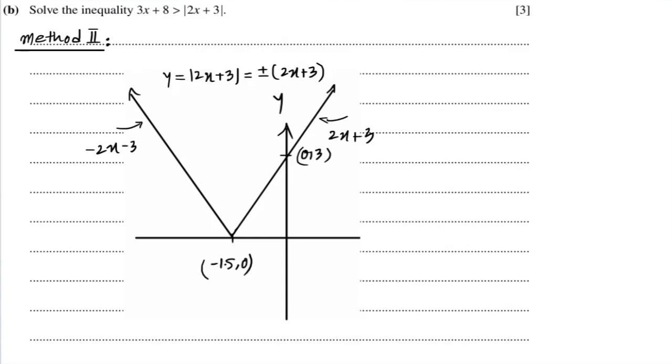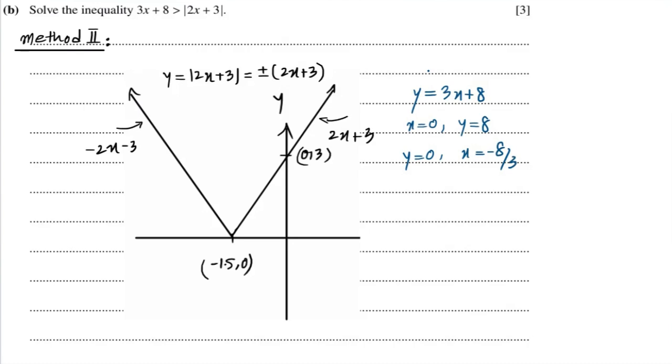Now bring the linear graph, which is y equals 3x plus 8. If I can sketch this on the same grid, you'll see how I can solve my inequality pretty quickly. For the y-intercept, if you put x equals 0, y is 8, and if you put y equals 0, x will be negative 8 over 3.